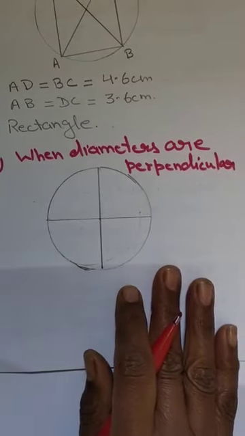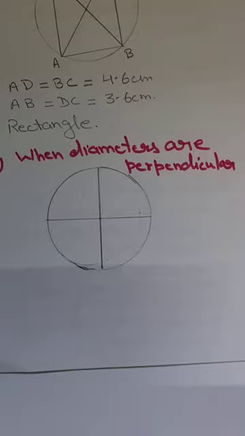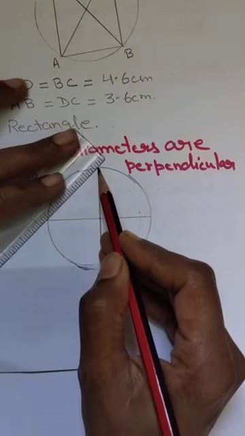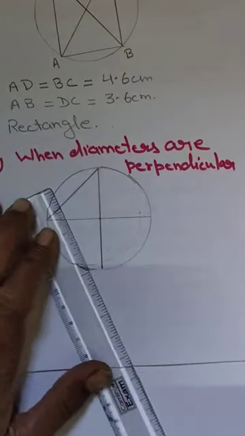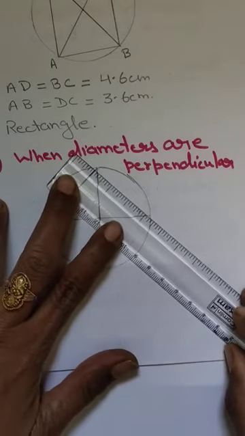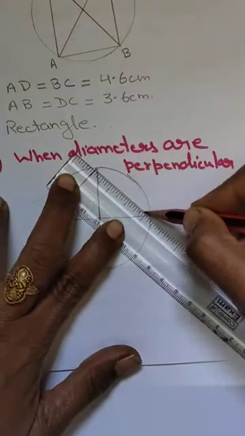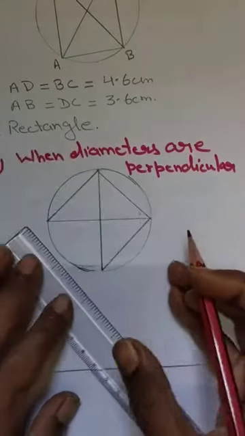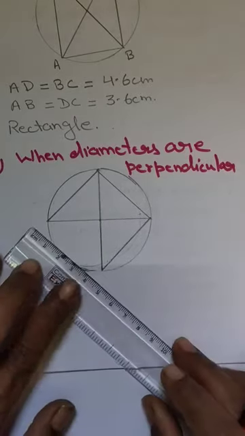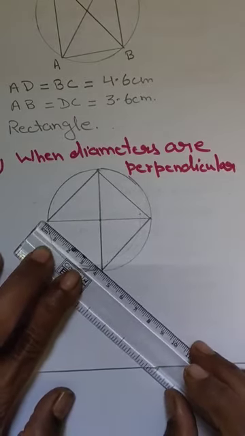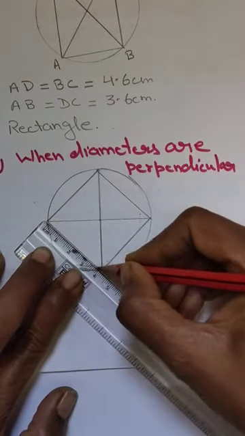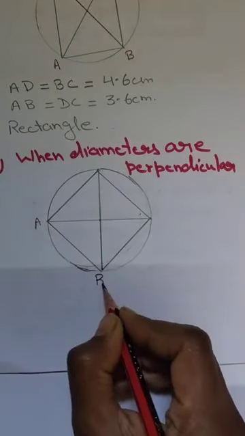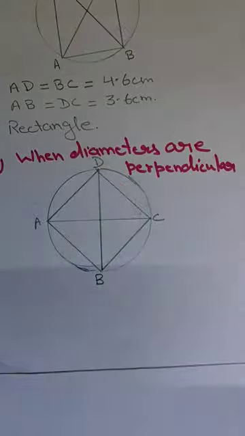Okay. So again now we have to join its endpoints. Join its endpoints like this. Give name also. A, B, C, D.